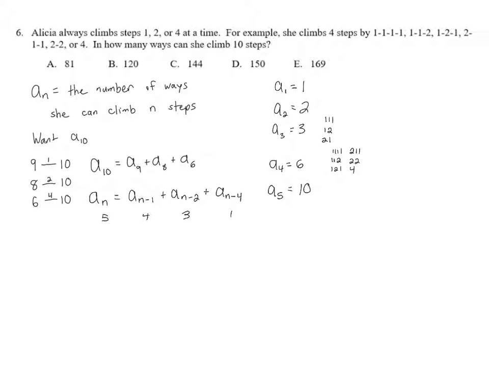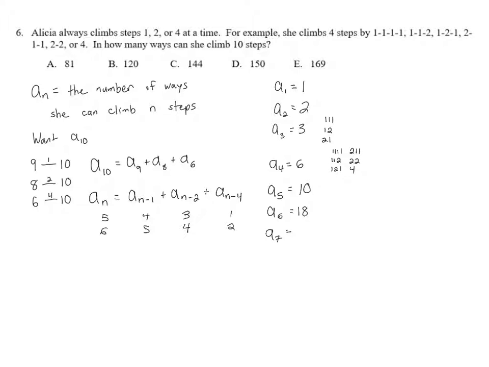And we can do this for all the rest. If we want a sub 6, then n is 6, n minus 1 is 5, n minus 2 is 4, n minus 4 is 2. So a sub 6 is going to be a sub 5 plus a sub 4 plus a sub 2. That's 10 plus 6 plus 2, which is 18.